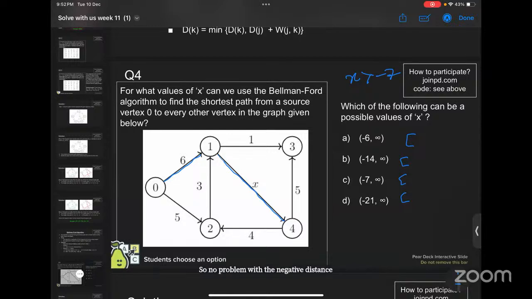But yes, we can include -7. If I include -7, this graph is not forming any negative cycle. So we can include -7, but because the options have no -7, we will take the open intervals. Okay, got it, ma'am.